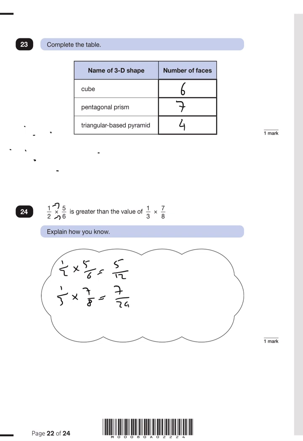I can see that 24 is double 12, so I'm going to double 5 to get 10. So this equals 10 over 24, and 10 over 24 is greater than 7 over 24, because 10 is greater than 7. Therefore, a half times 5/6 is greater than the value of a third times 7/8.